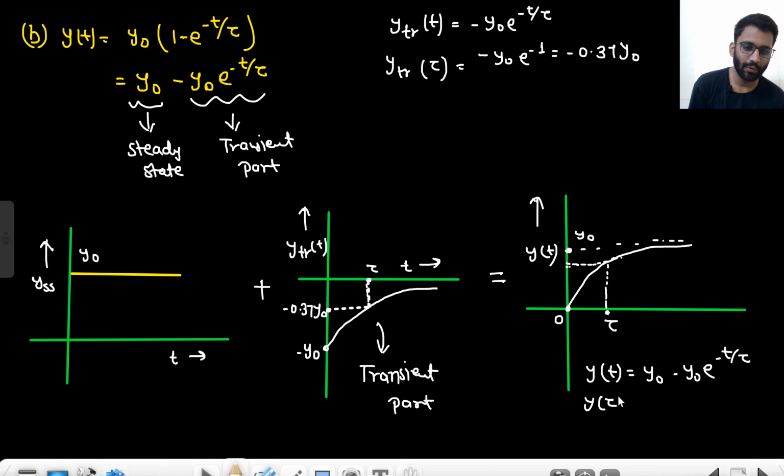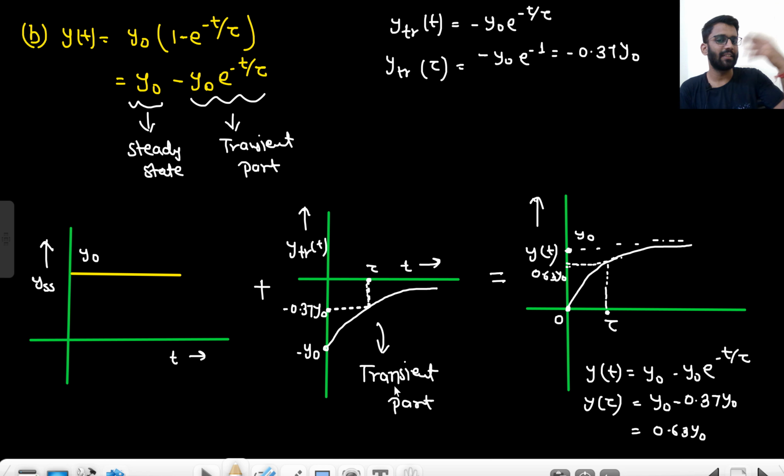So at t equals tau, it will be nearly 0.3663 y naught. So you can't really say that you will reach 63% of your final value. You can't make the definition like this, right?